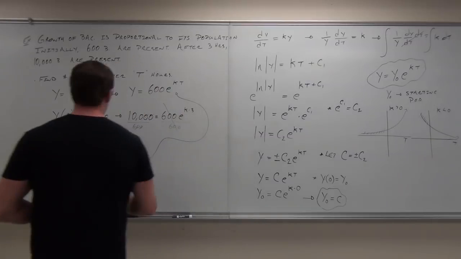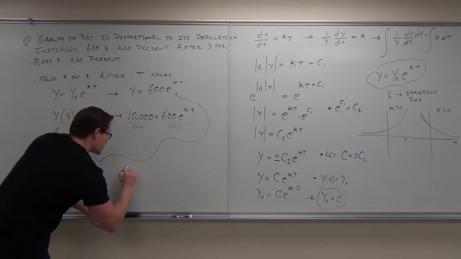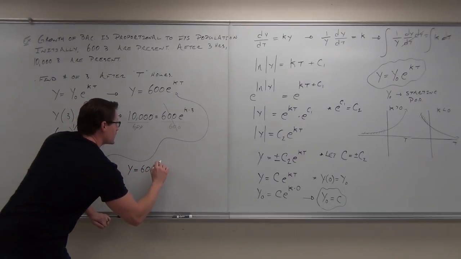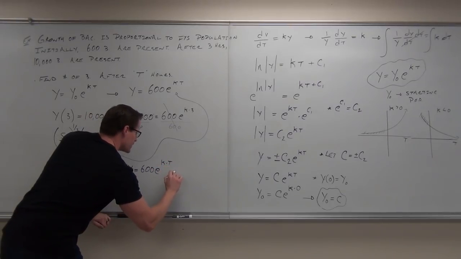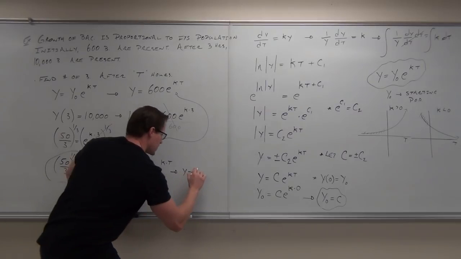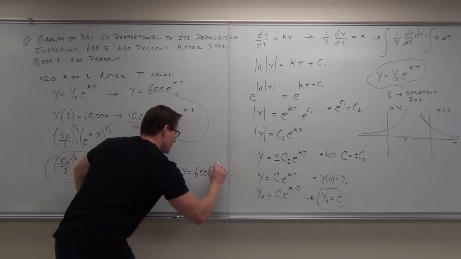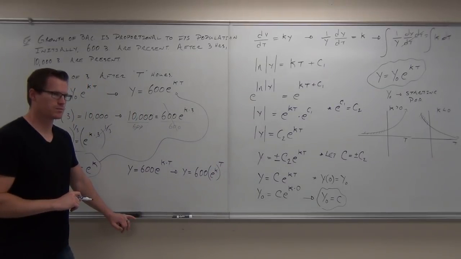Okay, so let's do it. I'm going to change this around just a little bit so that we see what's going on. This would be y equals 600 e to the k times t. Or if you thought about it differently, this would be y equals 600 times e to the k, to the t power. Are you okay with that one?